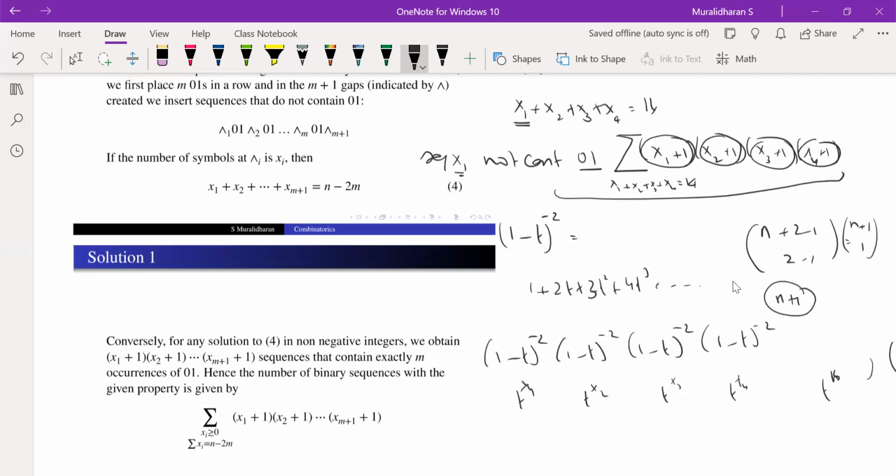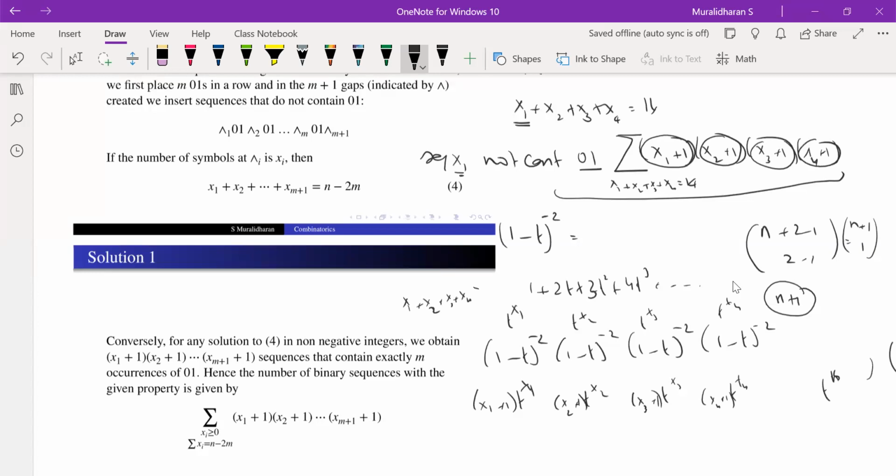What's the coefficient of t^x1 here? It is x1 + 1. This one is x2 + 1. The coefficient of t^x3 is x3 + 1, and x4 + 1. So whenever I take the term t^x1 here, t^x2 here, t^x3 here, and t^x4 here, what will I get when x1 + x2 + x3 + x4 is 14?